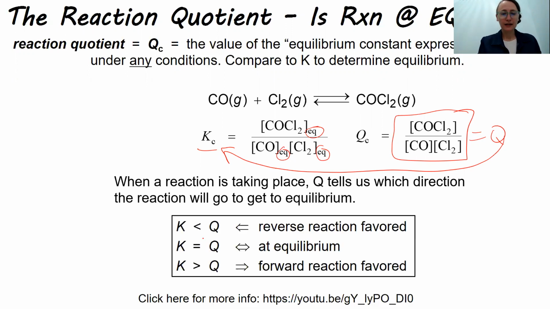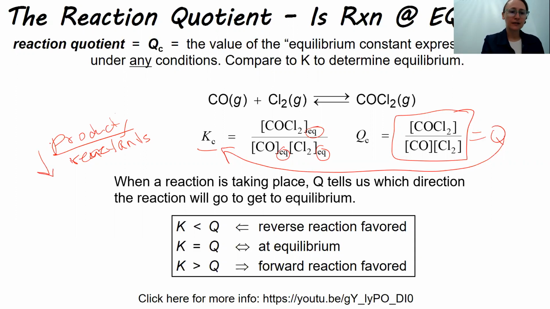So if K is less than Q, then we need the reverse reaction. So let's think about that. It's products over reactants. So if K is less than Q, that means Q is a big number and needs to get smaller in order to reach K. So the only way to take this expression and make it smaller is to decrease the products and increase the reactants.